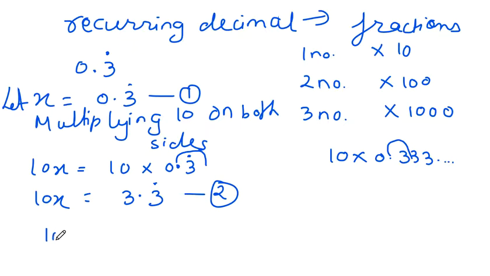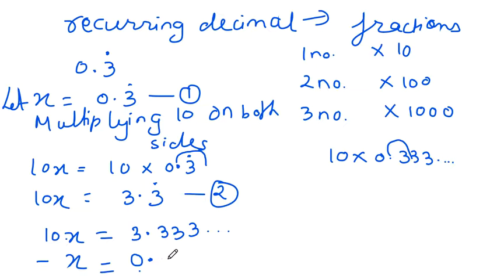So we will write 10x minus x, which is equal to, what is 10x equal to? 3.3 recurring. So we will write 3.333 and then 3 dots, that means and so on. And what is x? 0 will come below this 3, below the units place.